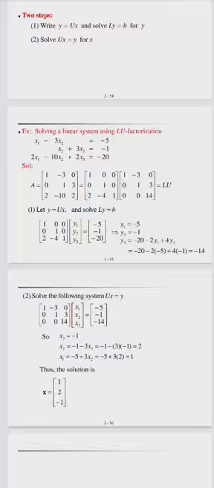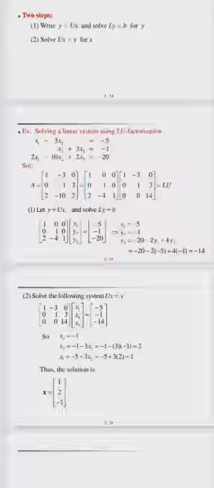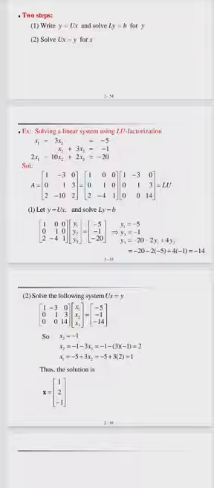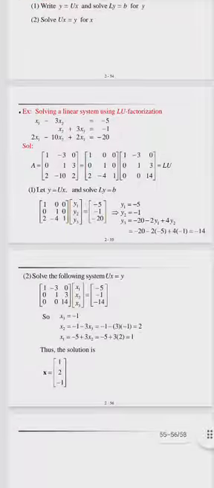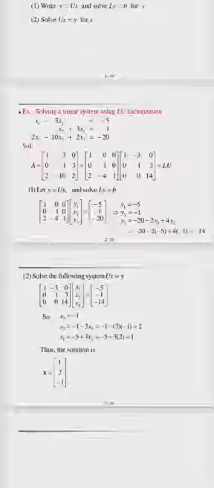Write the A matrix using the coefficients of x1, x2, x3. The first equation has x1 coefficient 1, x2 coefficient -3, x3 coefficient 0. The second row has x1 coefficient 0, x2 coefficient 1, x3 coefficient 3.